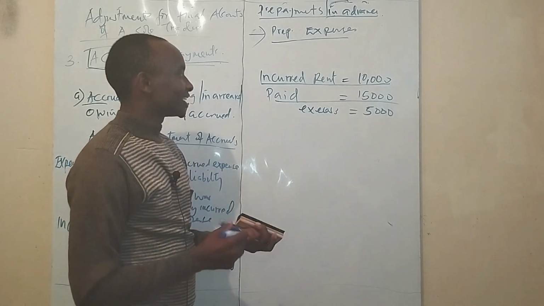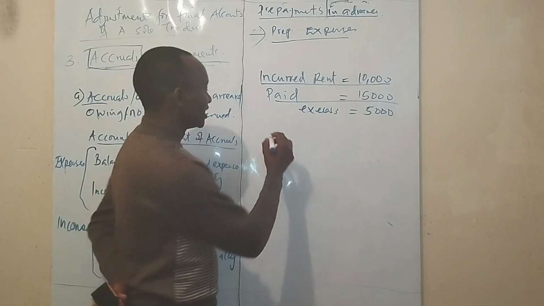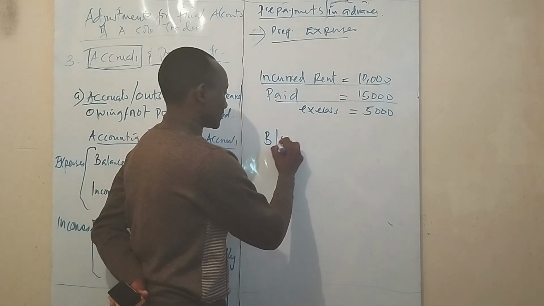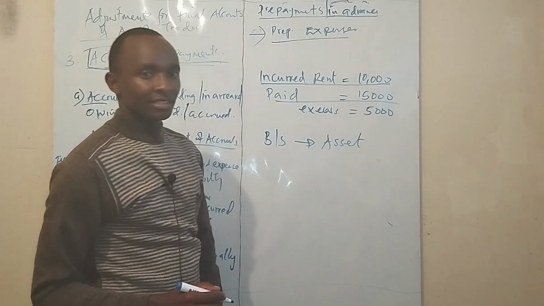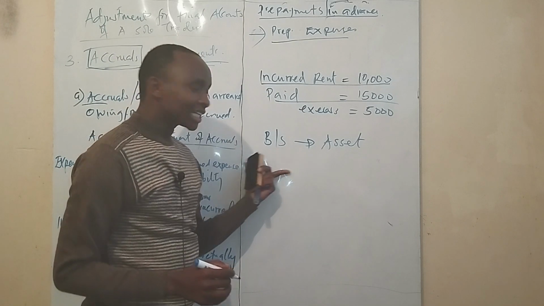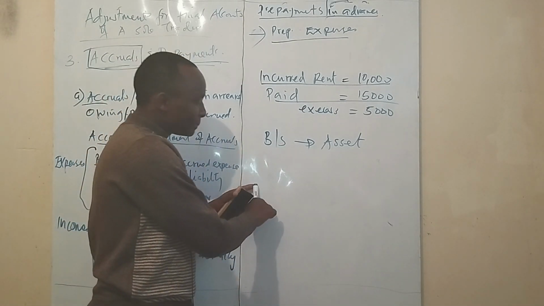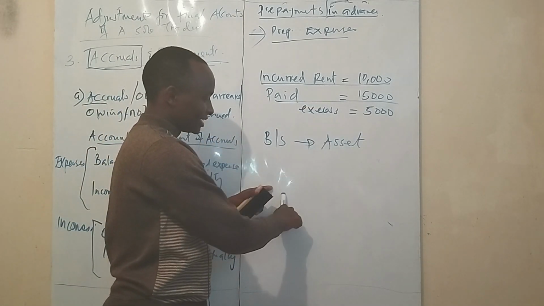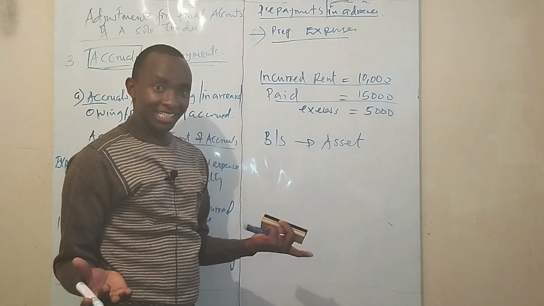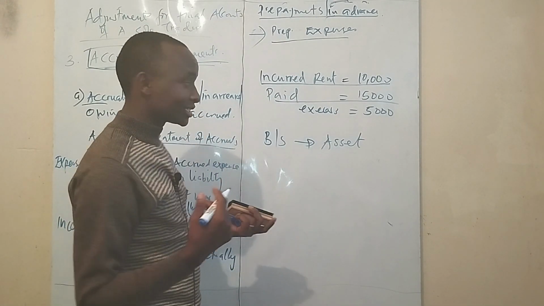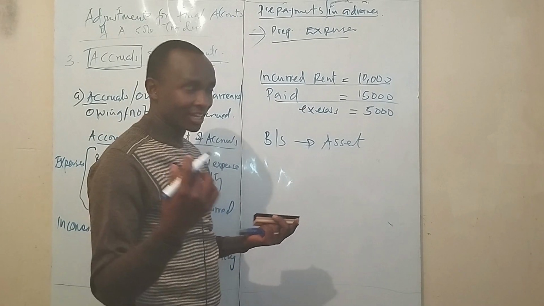So in the balance sheet, you are going to treat this as an asset, right? In the current asset section, you are going to say prepaid rent expense of 5,000. Yes, it's an asset. You can go back and take it.